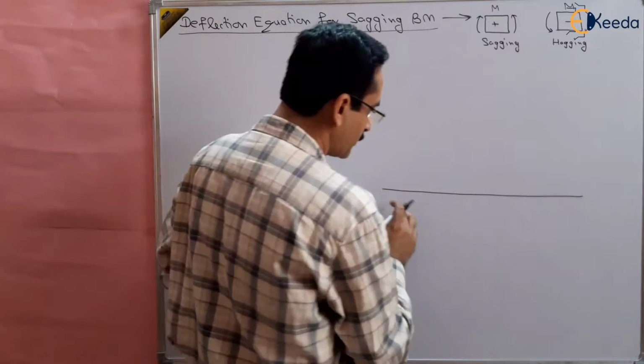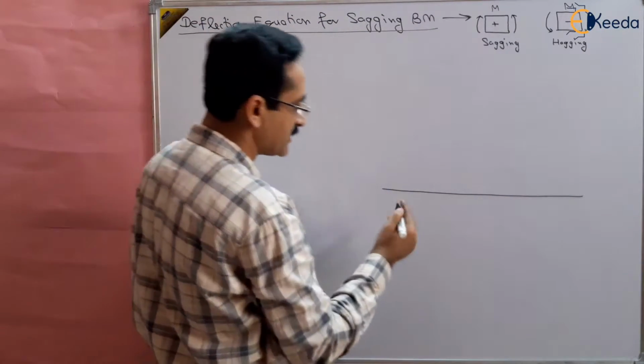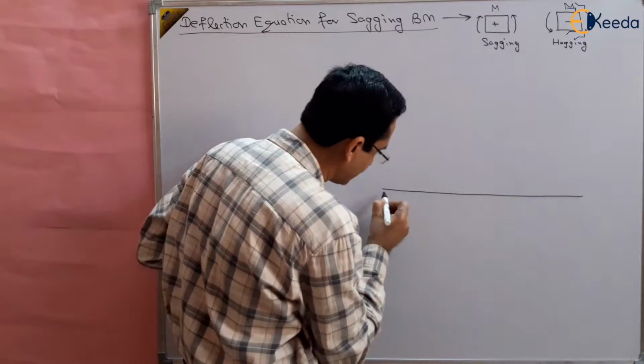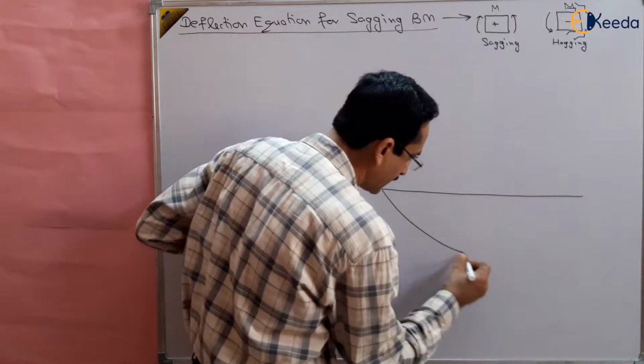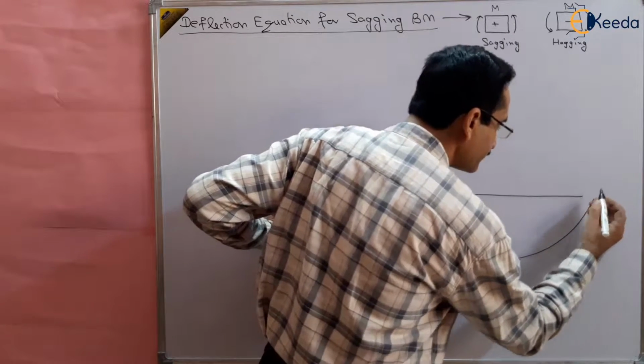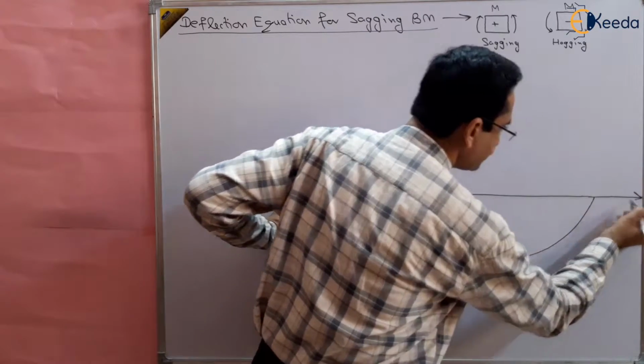I'm not showing the supports, I'm just showing the curvature because we are dealing with the deflection equation. So what type of deflection will be there? If a point load is applied, the deflection will be like this. Suppose this is our x-axis.